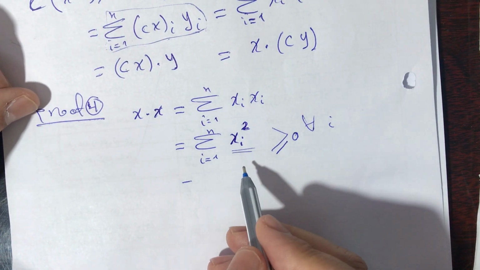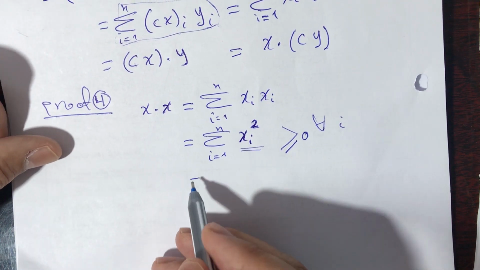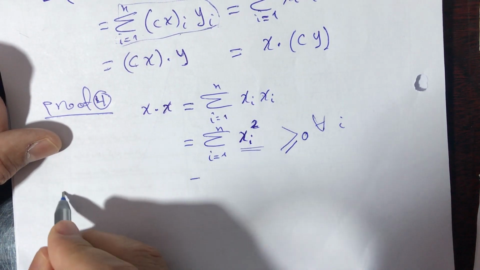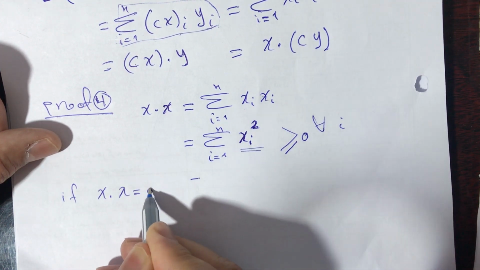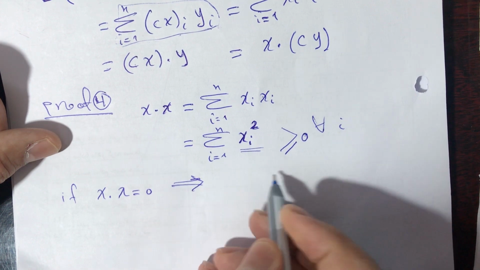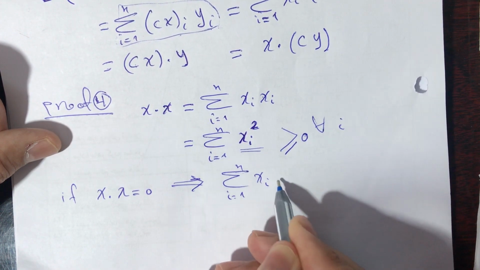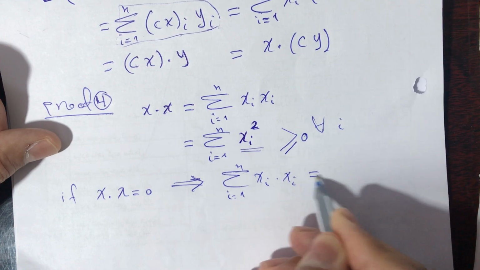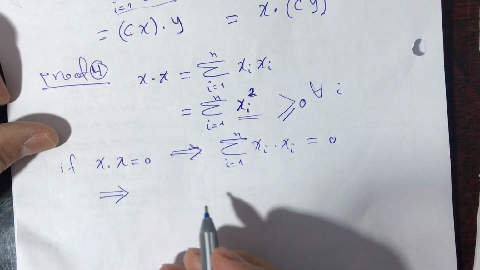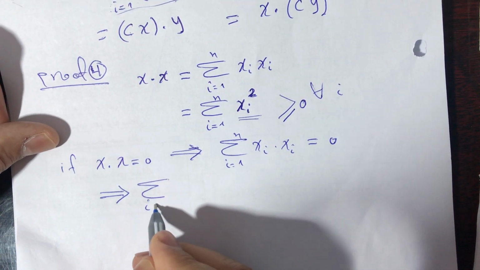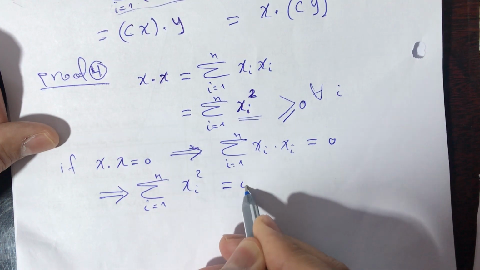So this is the first part, and the second part of 4: if x dot x is equal to 0, that implies sigma i from 1 to n x_i dot x_i equals 0, which implies that sigma i from 1 to n x_i squared is equal to 0.